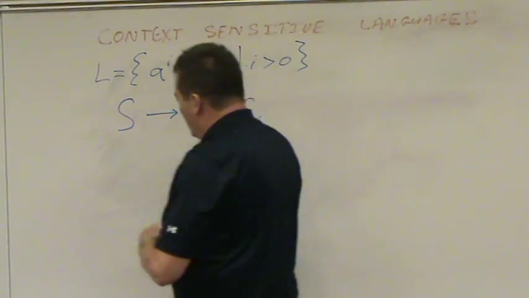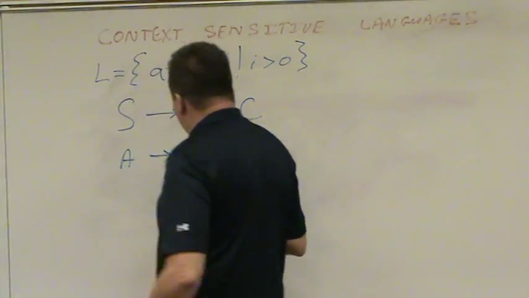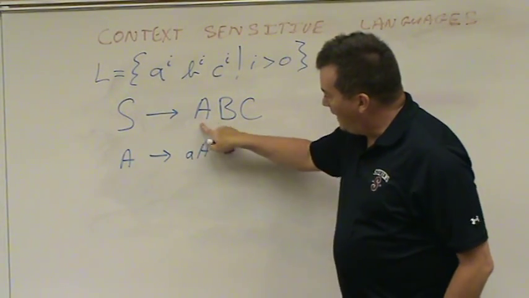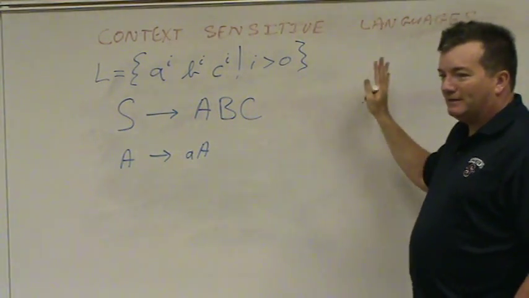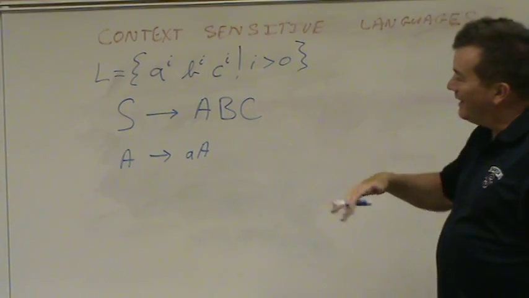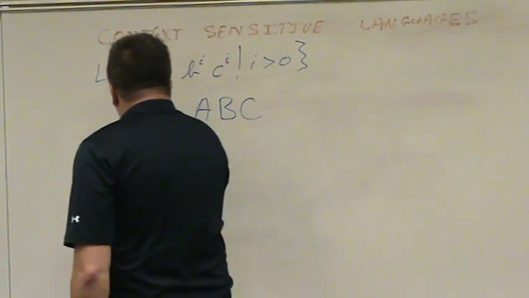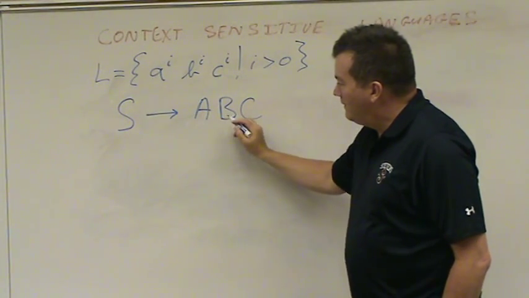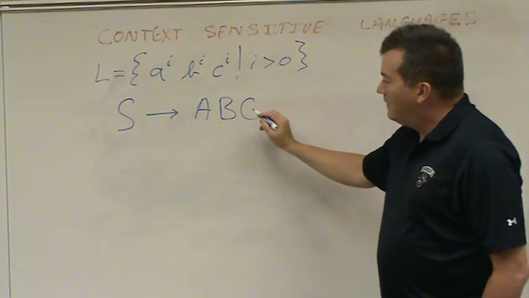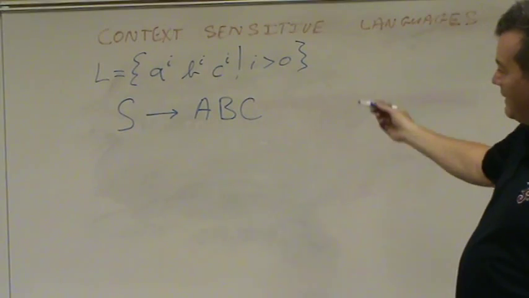Like the description here, when I say A is little a followed by big A, I'm describing A. I'm not saying there has to be a B or C after it. I'm just describing A's separately, and kind of context-free from the other parts. But if I wanted to enforce a rule that says the number of A's has to equal the number of B's, has to equal the number of C's, what would my next line be?